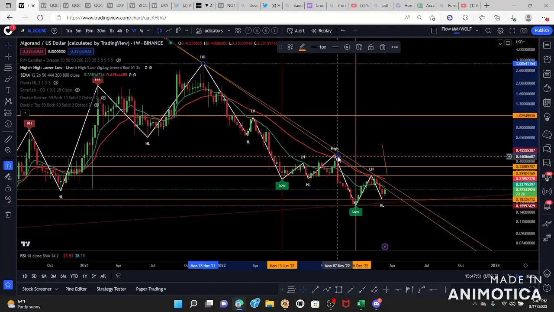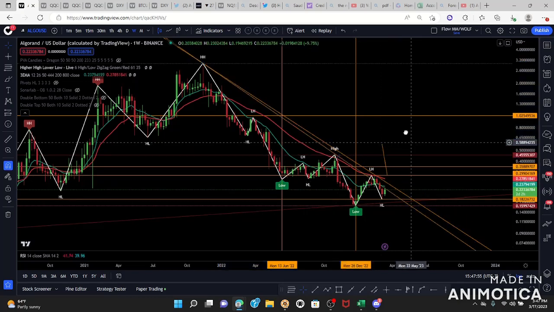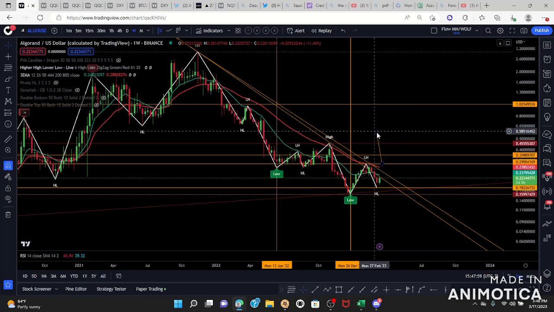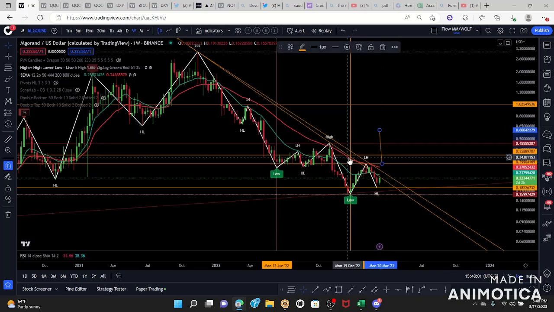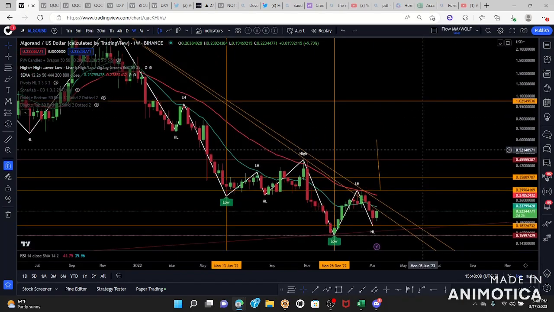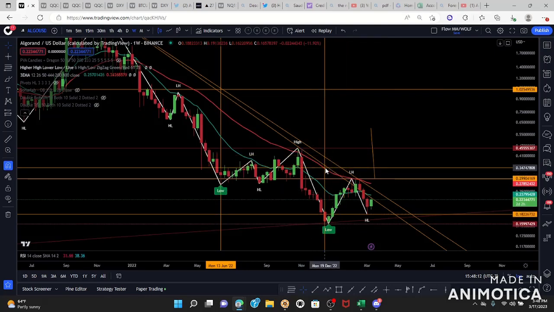We need a candle close to confirm the break of a trend line on the weekly. But if it's confirmed, those would be my next two targets on the weekly, all the way to 1, and the measured move. And this is my trend line break here.